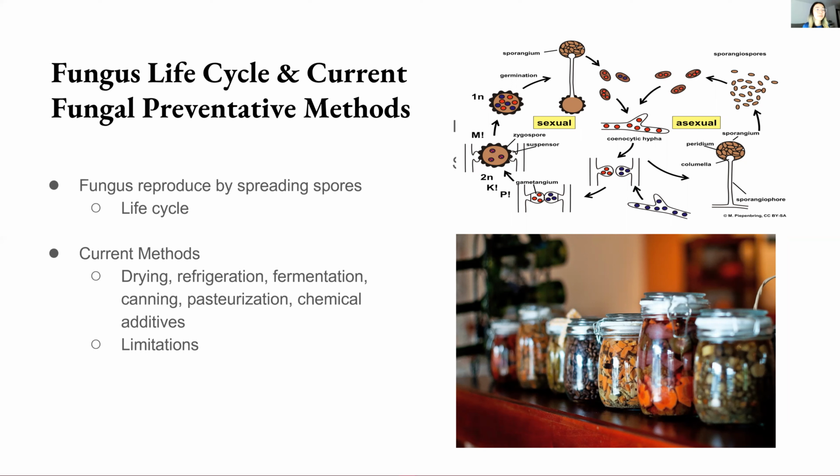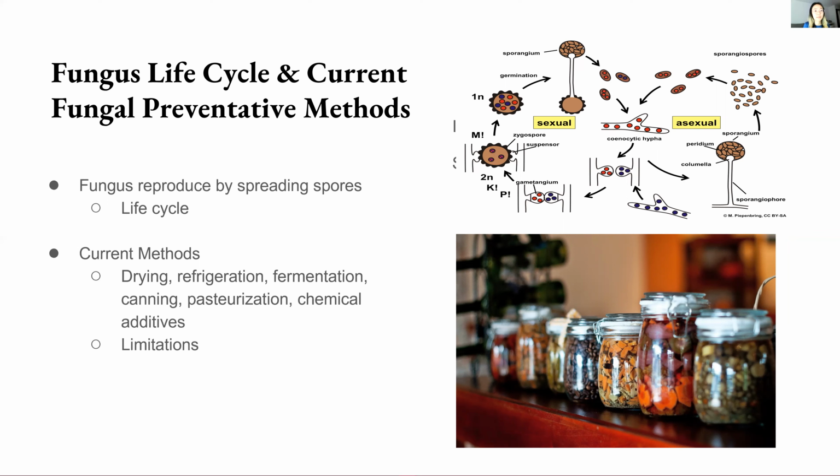Once the spores have found a sufficient host, they will grow into hyphae and mycelium that produce the common look of molds we're used to seeing. These hyphae can then form sporangia and produce additional spores to infect other foods. Common fungi that infect our foods include Alternaria, Aspergillus, Penicillium, and Rhizopus.